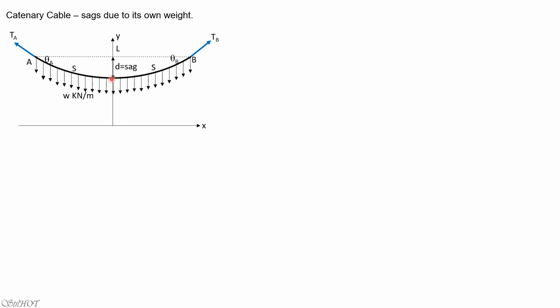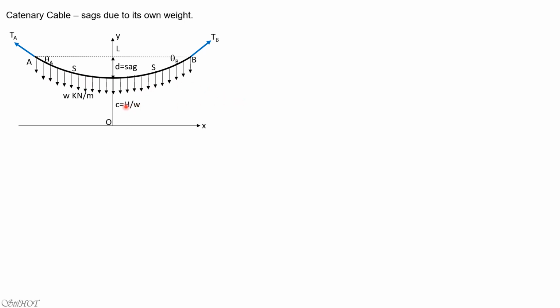And the distance from the lowest point of the cable to the x-axis is c, and c is defined as the ratio of the horizontal component of tension, which is still constant because these are all vertical loads, divided by the uniform weight of the cable.